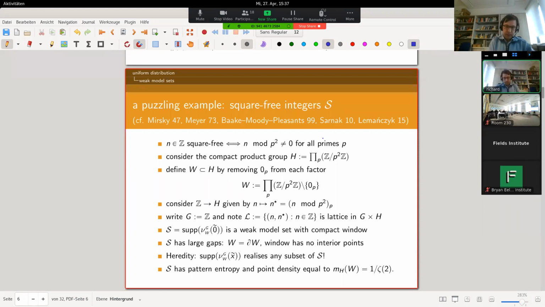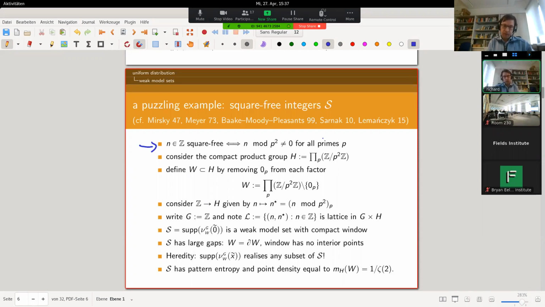So what's a square-free integer? A square-free integer is an integer which has no square. And this, of course, you can read off by the prime number decomposition by just looking whether you have a square or you don't have a square in the prime number decomposition.